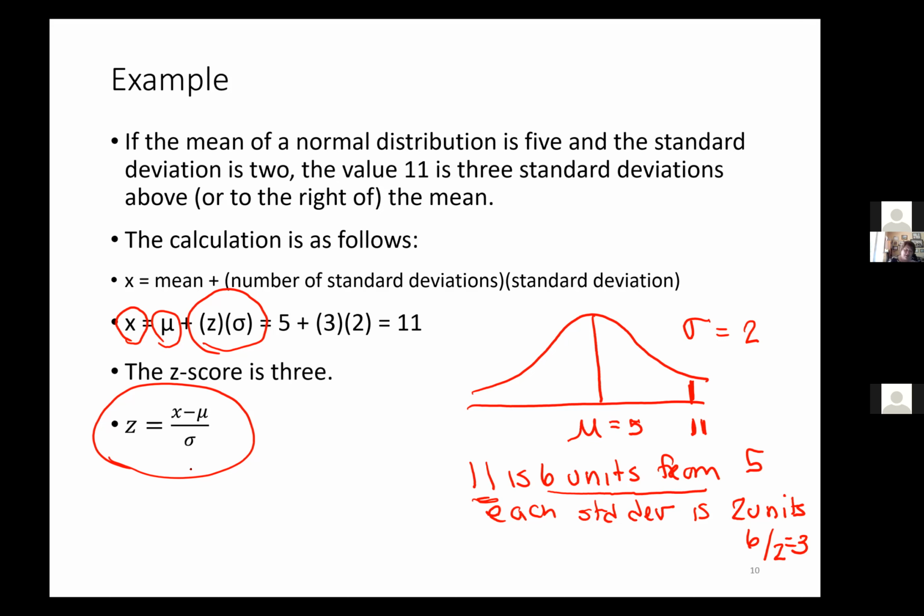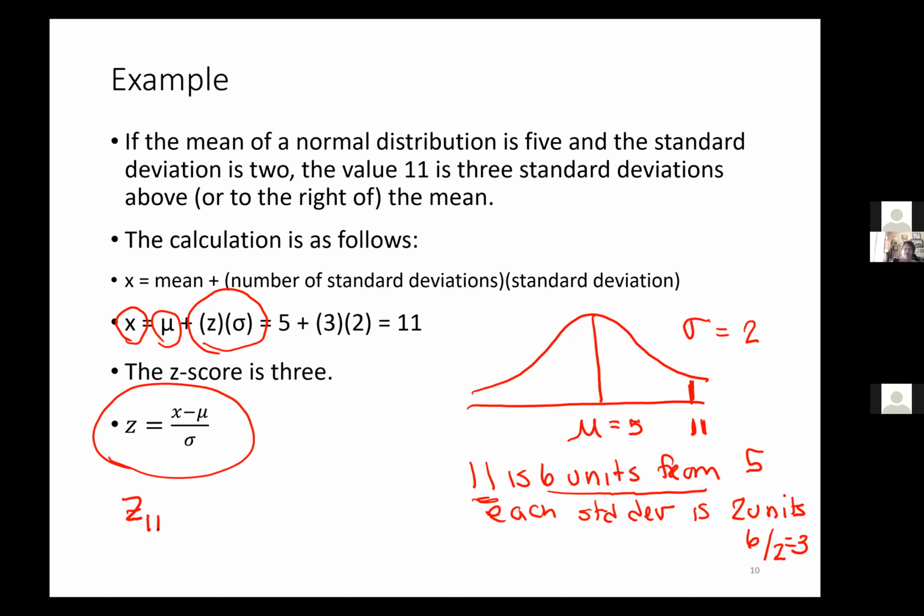Now, the easier way to calculate this is to use the formula. If I have a normal distribution whose mean is 5 and whose standard deviation is 2, then the z-score for a data value of 11, using a subscript of 11, is: take that data value, 11, subtract the mean, 5, and divide by the standard deviation.